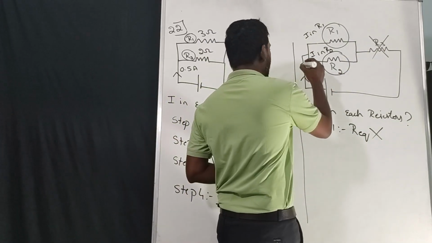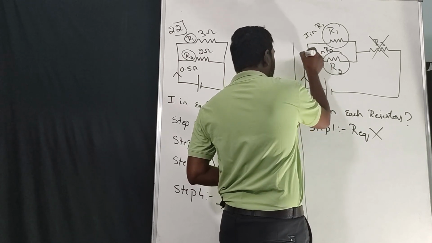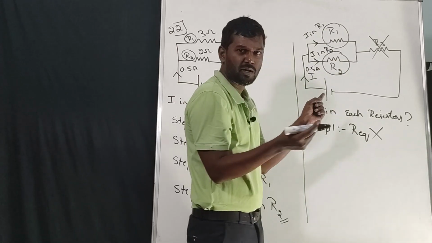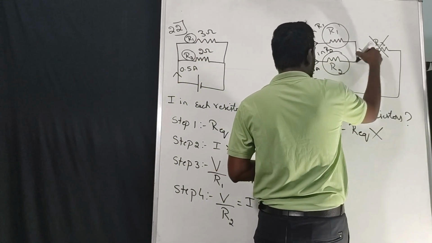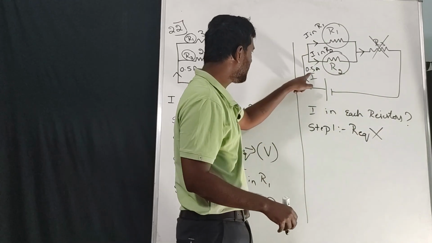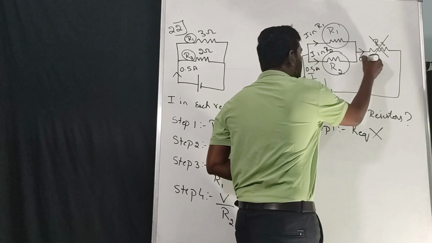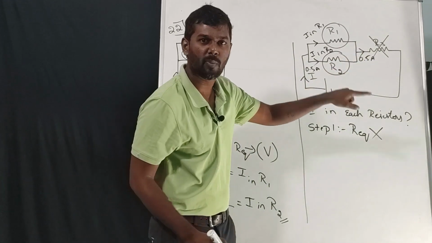Why? Because whenever a current enters here, assume 0.5 amperes, it enters here and the current will divide because this is a parallel connection. Once these two are combined, the same current comes here. So the current in the R3 resistance is 0.5.